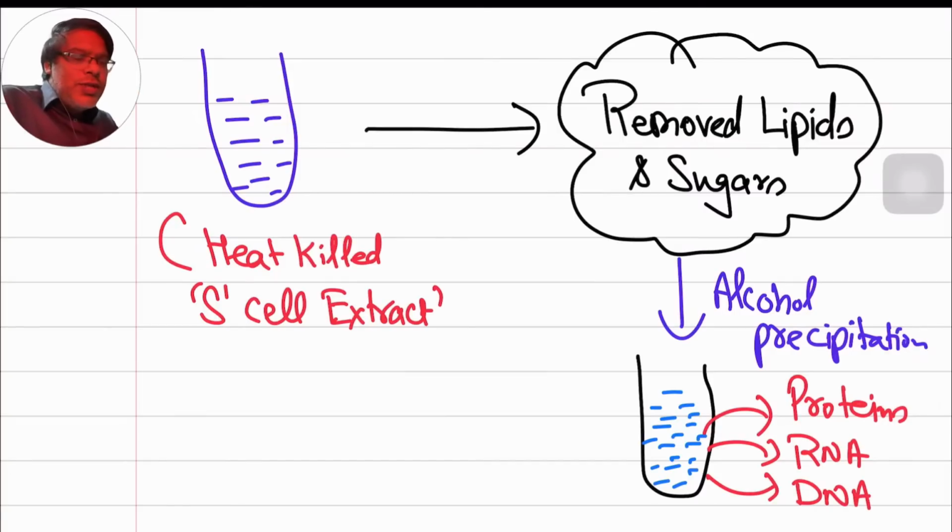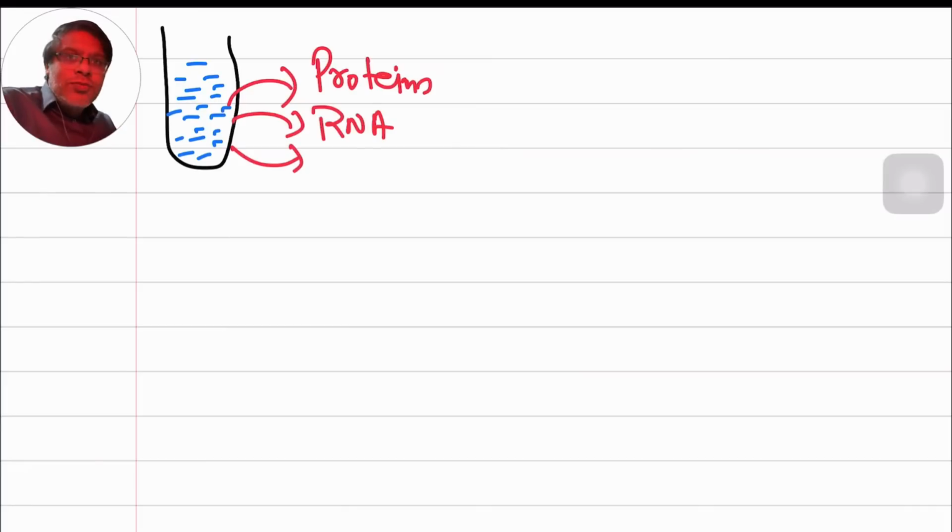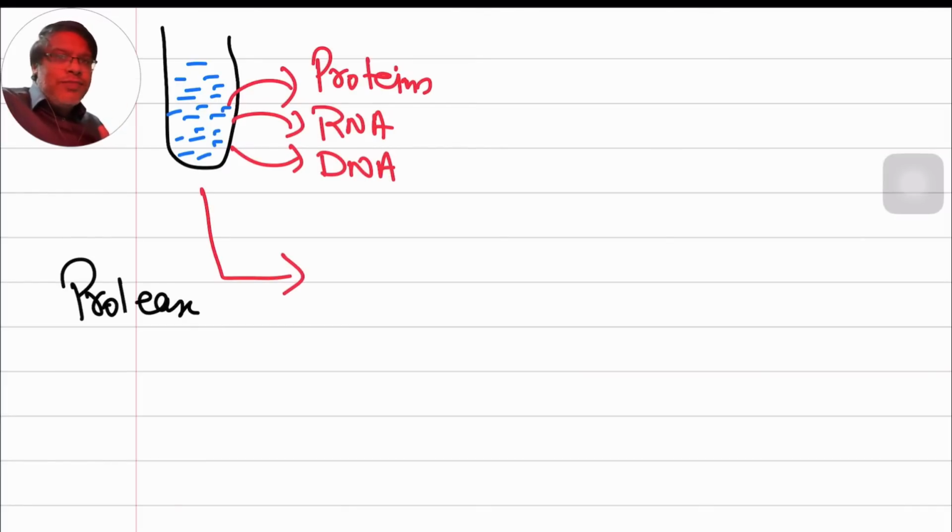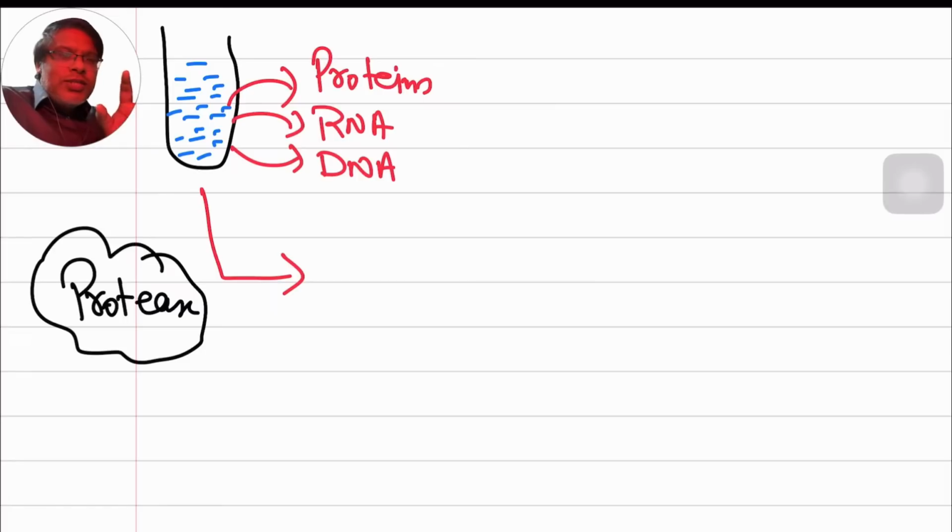Now within this mixture, you are going to have proteins, RNA and DNA. And when they performed the experiment using this mixture, they saw that this mixture can also transform R bacterial cells into S bacterial cells. Now they took the mixture and treated it with protease, meaning they removed the proteins.